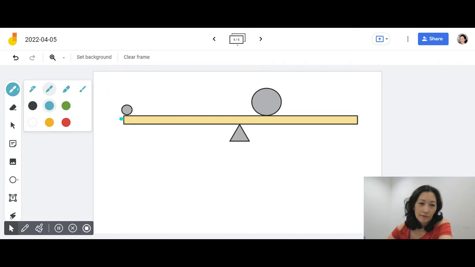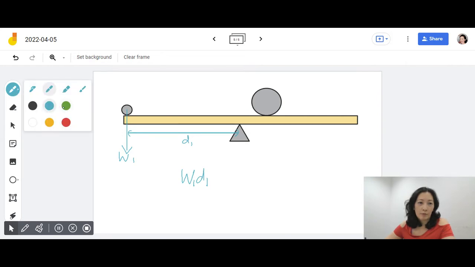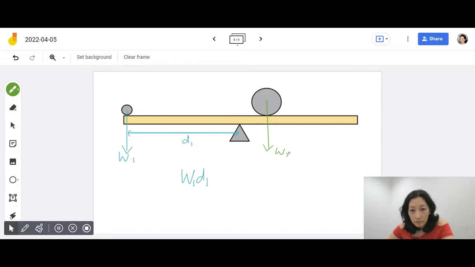For example, the weight of this object is W1, and its distance from the pivot is D1. So W1 times D1, because weight times distance is the moment. And then you have W2 and D2.